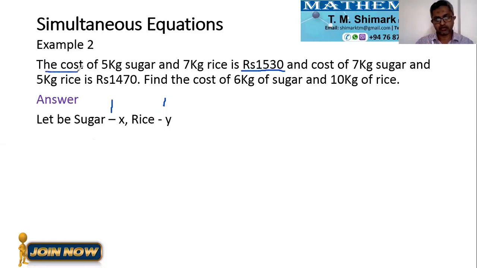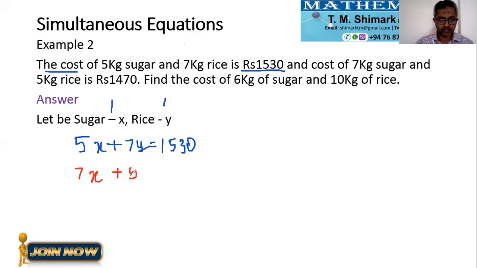Cost of 5 kg sugar and 7 kg rice, so 5x plus 7y equals 1530. This is one equation I have. 7 kg sugar and 5 kg rice, 7x plus 5y equals 1470. We have got two equations.